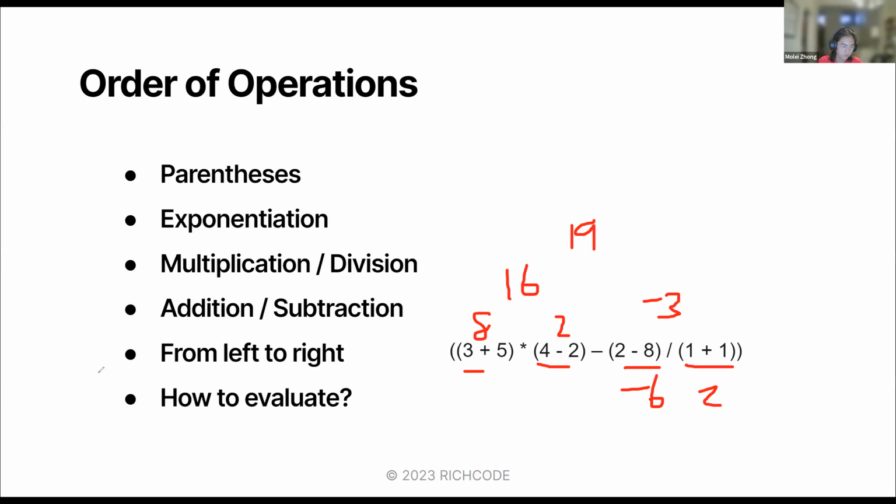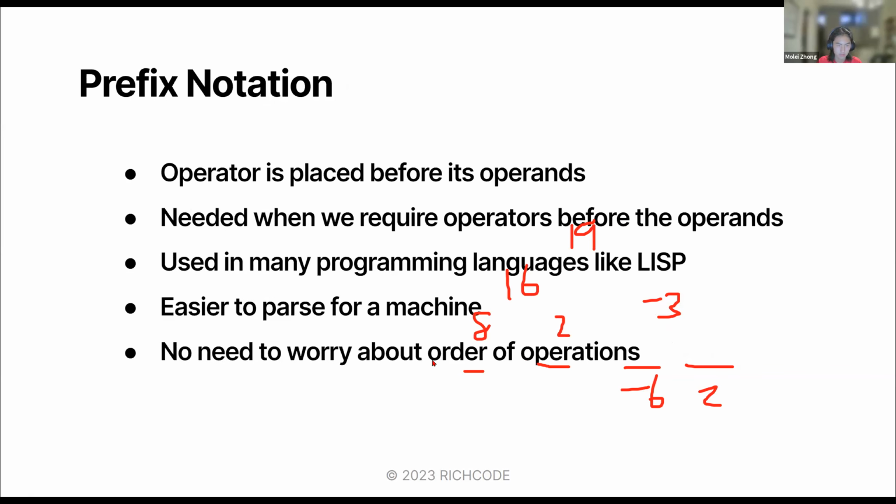And it looks like, yeah, sorry, everybody, I messed up a little bit. 19. Yeah, so if you subtract the negative numbers, same thing as addition. So 16 minus negative 3 is 19.